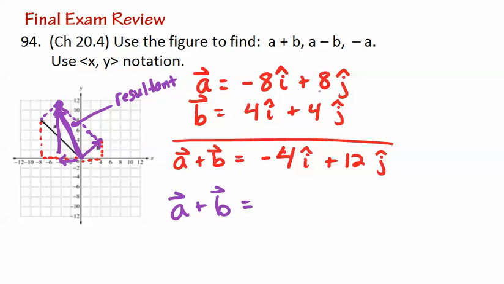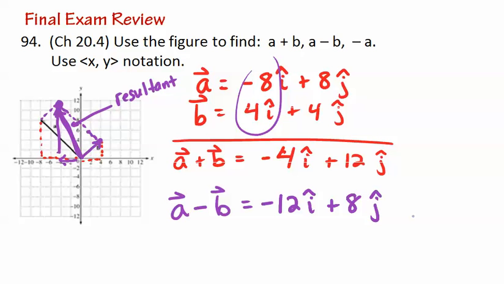But we already have the two written right here, so if I want to do a minus b, remember that if we subtracted -8i minus 4i, so now I'm just using my columns up here and subtracting them, and we have 8j minus 4j. So we're just subtracting the like terms, the same as we would with any other type of problem, add or subtract like terms.